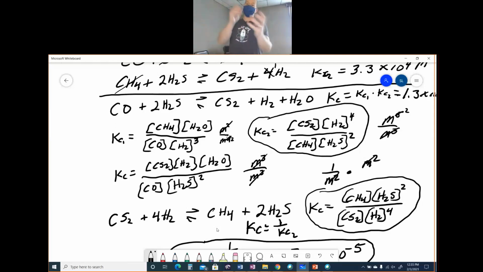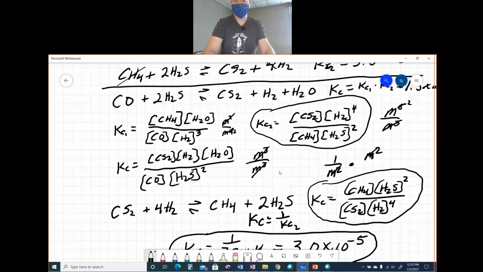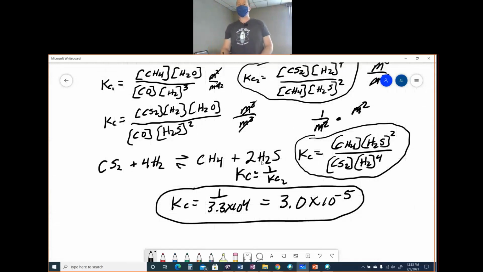But when you reverse it, now that large number is a reactant. And that is why you get a very small K value when you invert it. Anytime you invert a large number, you're going to get a small number. If the forward reaction favors products, the reverse reaction is going to favor reactants. It's not going to favor products.